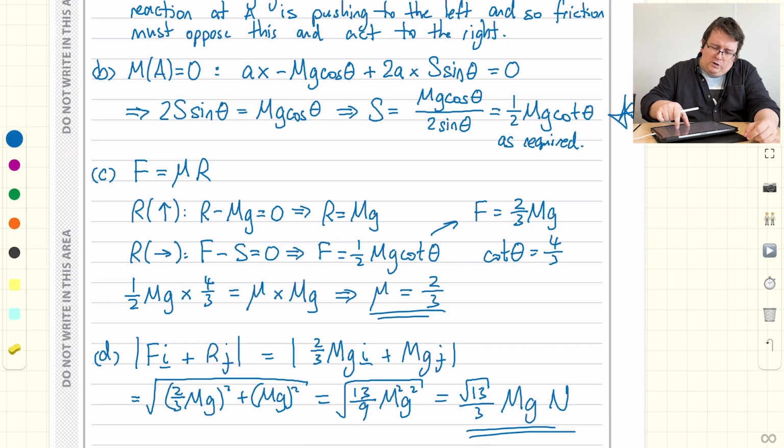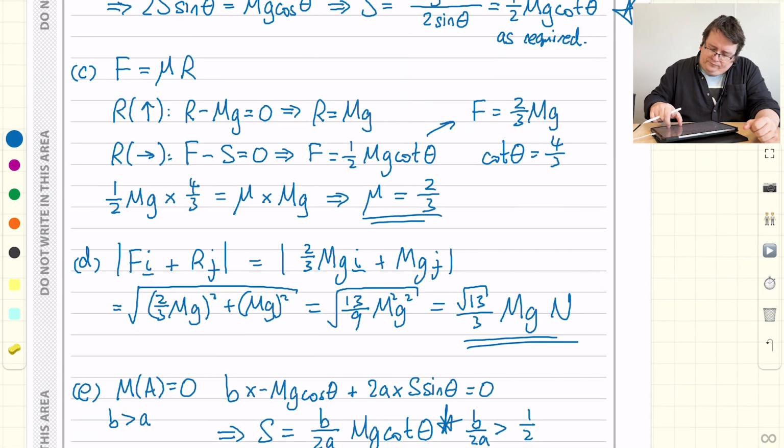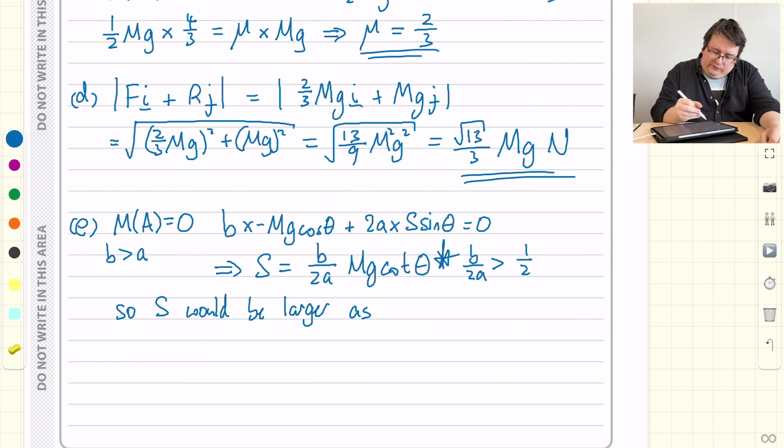So let's just go back to the question, just to make sure we're answering it correctly. Say whether this new value for s would be larger, smaller, or equal to the value that s would take using the initial model. So s would be larger, and the reason is this bit is larger here.